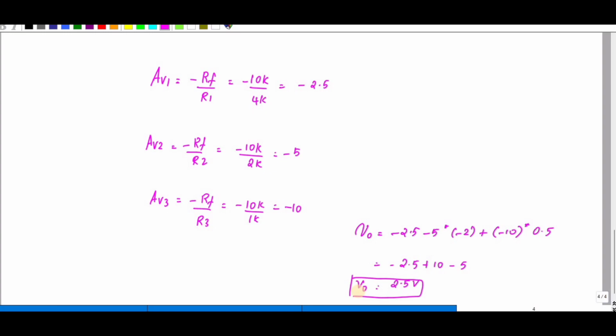The calculation is a bit different. By adjusting the value of the input resistance, you can see the gain gets varied.